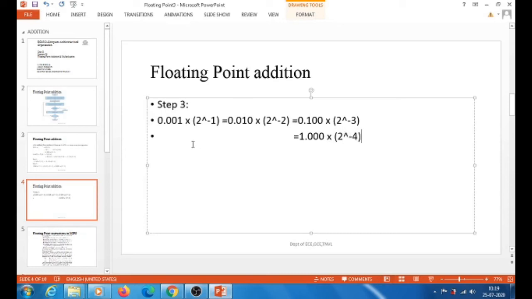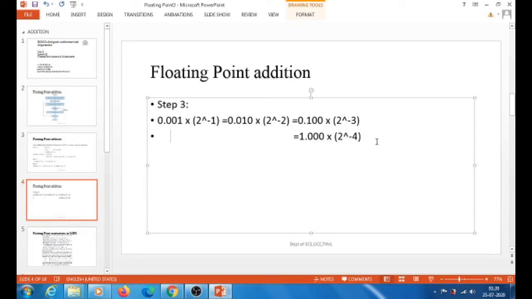So this is 0.001. If I shift this, then it is 2 power minus 1. If I want to write this in 2 power minus 2, then it is 0.010 into 2 raised minus 2. Then again it is 0.100 into 2 raised minus 3, which is equal to 1.000 into 2 raised minus 4.